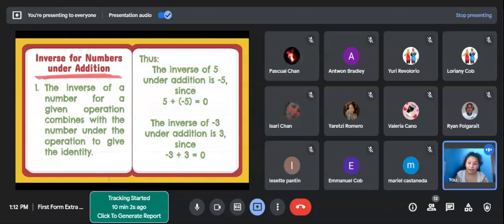Negative 3 plus 3 gives me 0. 10 plus negative 10 gives me 0. Negative 12 plus 12 gives me 0. Is it clear now?